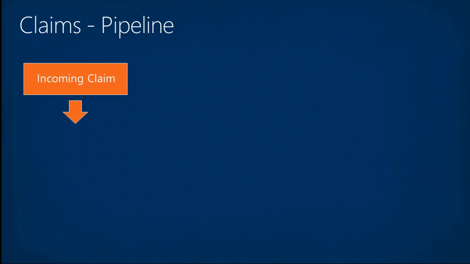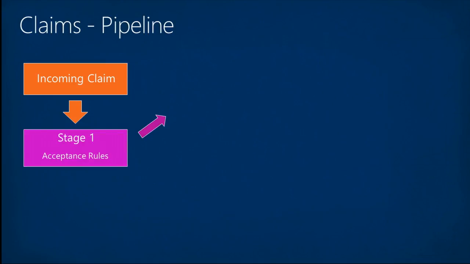It goes to stage 1. There's 3 effective stages in a claims pipeline. So for this example, let's talk about ADFS. ADFS is really easy to map to this because you actually have tabs in the interface that match to these 3 approaches. The first one is the acceptance rules. So how am I going to accept you coming in? What is it that says Liam has access?